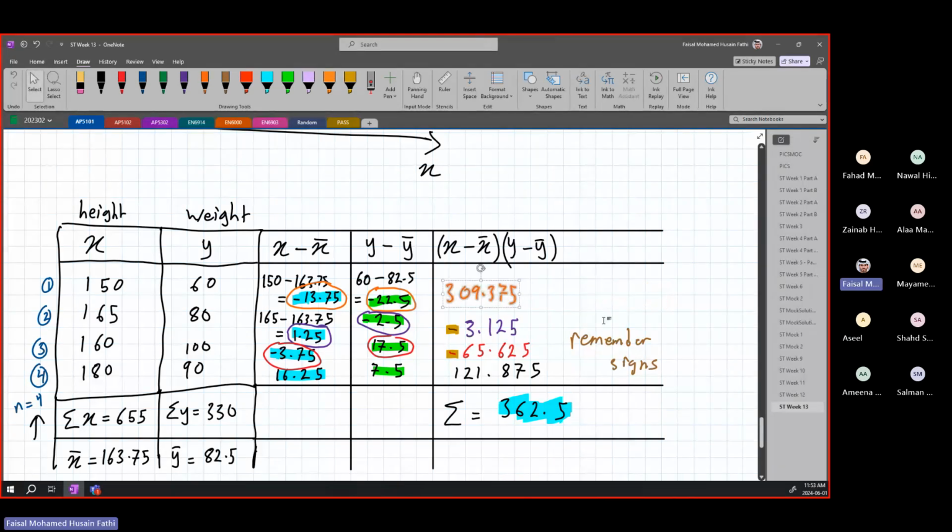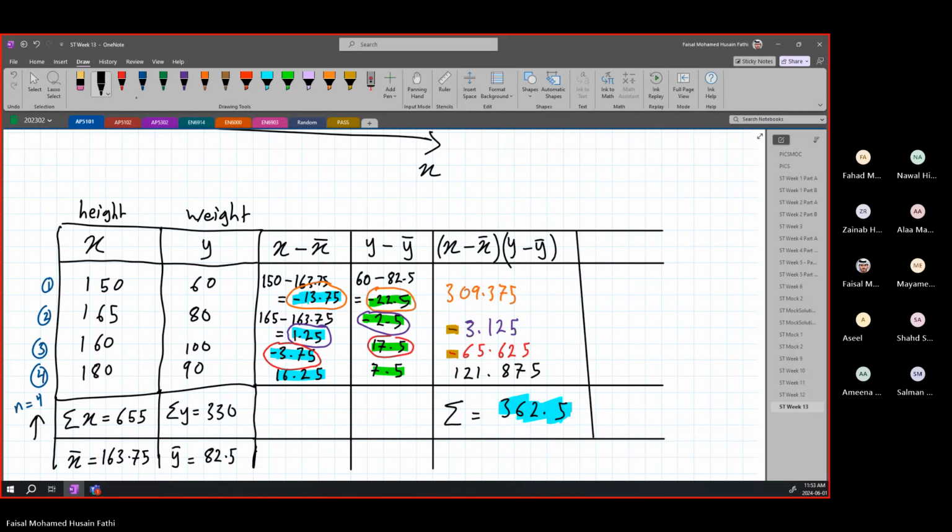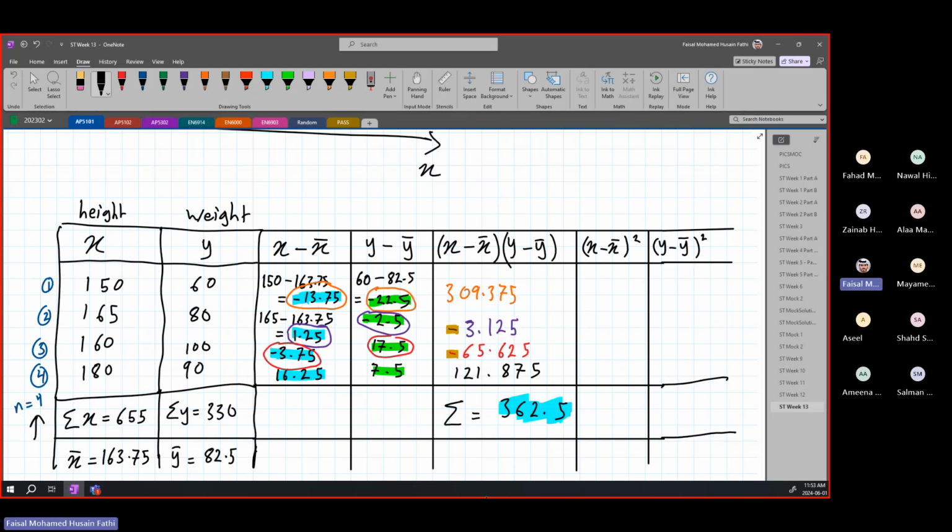All you're going to have to do is just take the values. So you're going to have x minus x bar squared, and then y minus y bar squared. So that's all you're going to be doing. You're going to be taking this value over here.